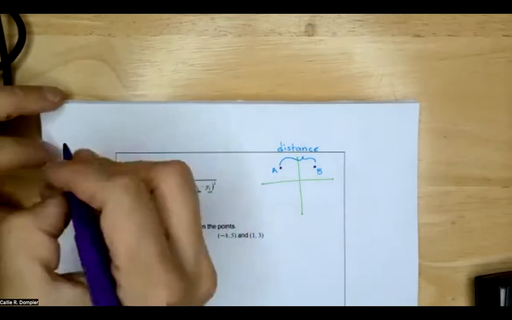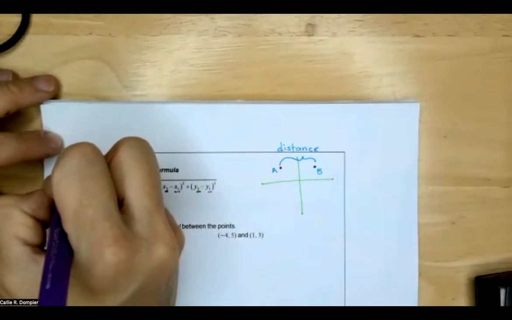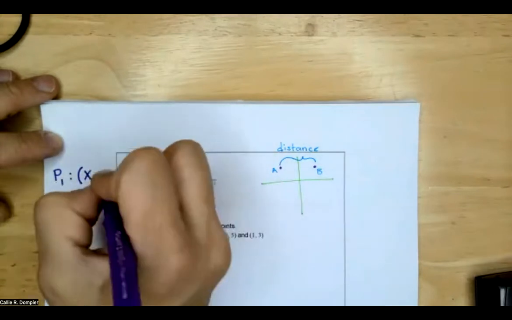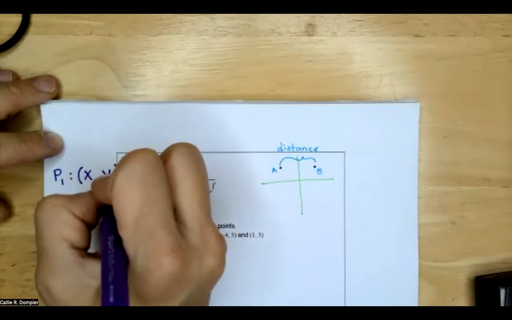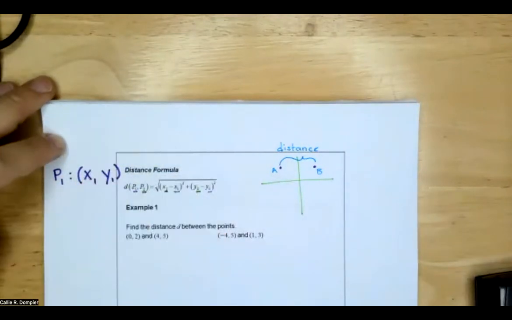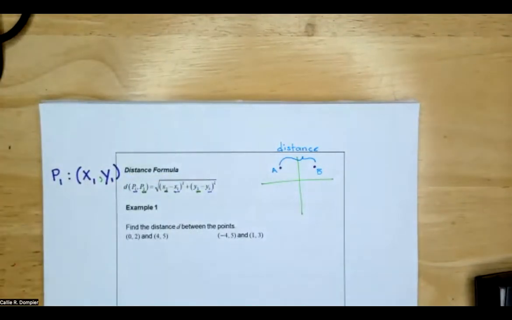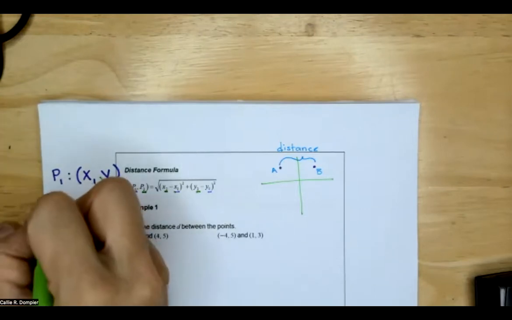So point 1 will have the value x sub 1, y sub 1. The only reason for those ones is to denote that this is point 1. This is not our second point, this is our first point, okay?